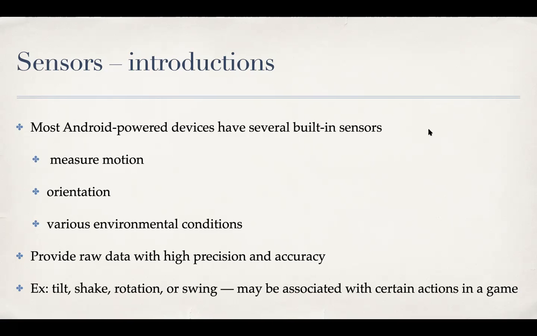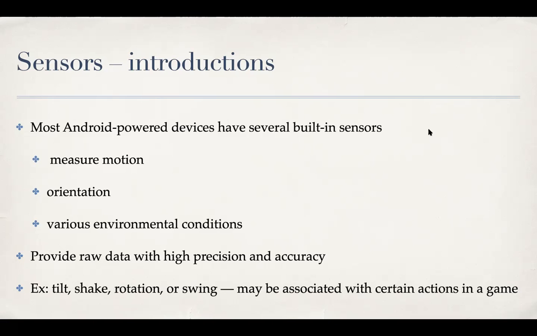Another example can be a weather application that might use the temperature sensor and humidity sensor and calculate things like the dew point or something that is relevant to the user.